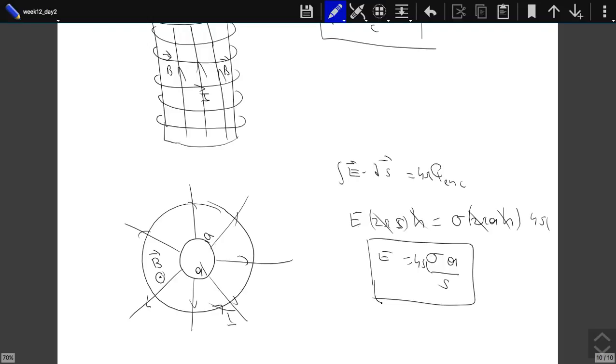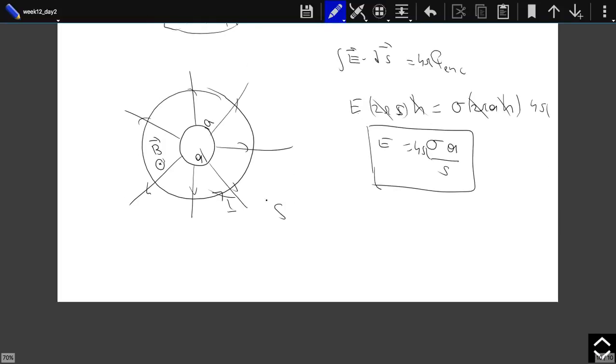What's the Poynting vector? Let me just use this as my S hat vector. The Z hat is outside. And this is my phi hat. What is E cross B?